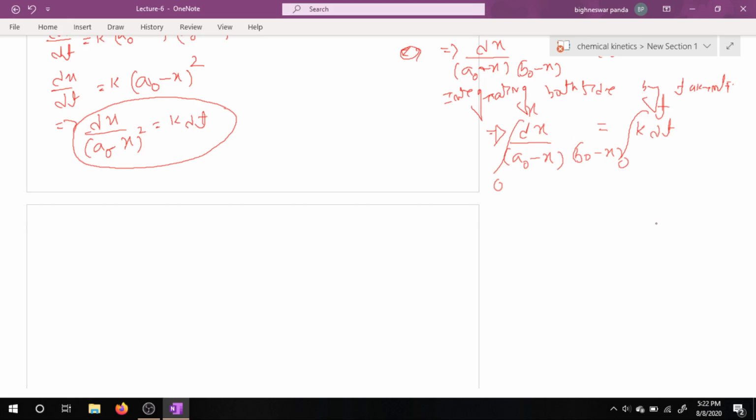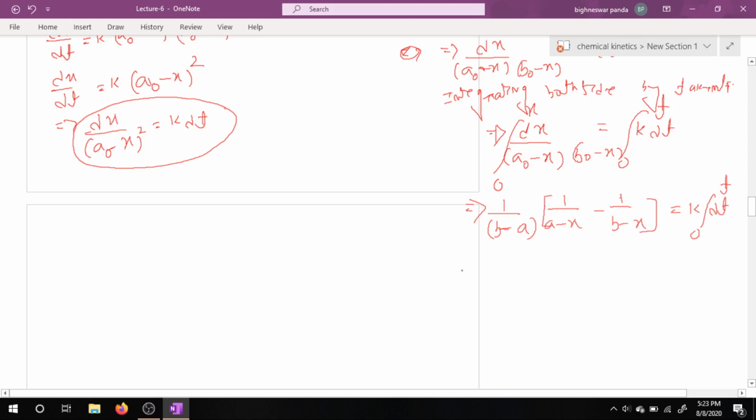Integration by partial fraction: I can put here 1 by (B naught minus A naught), and the integral will be equal to 1 by (B naught minus A naught) times the integration of dx by (A naught minus x), that is minus ln (A naught minus x), plus ln (B naught minus x).